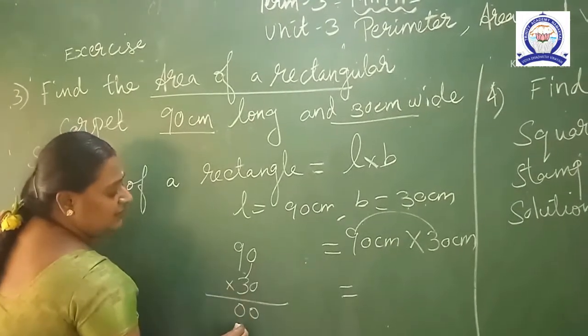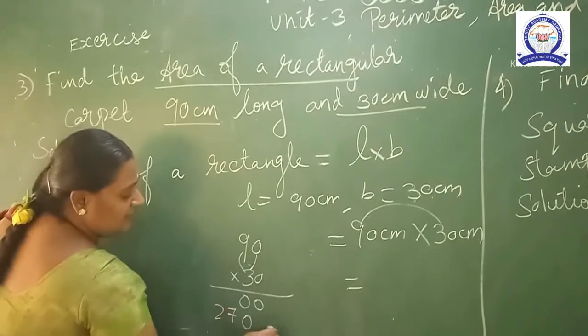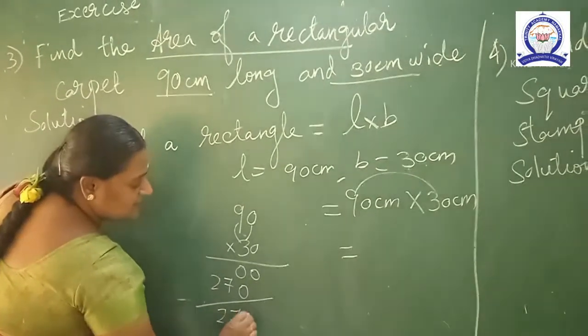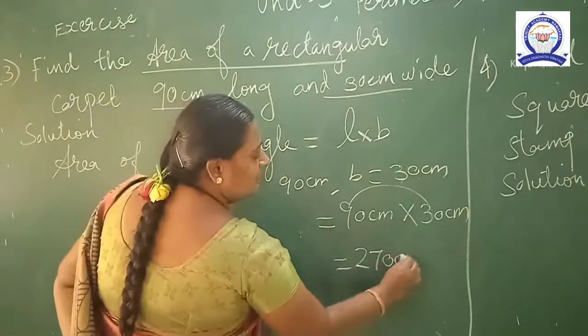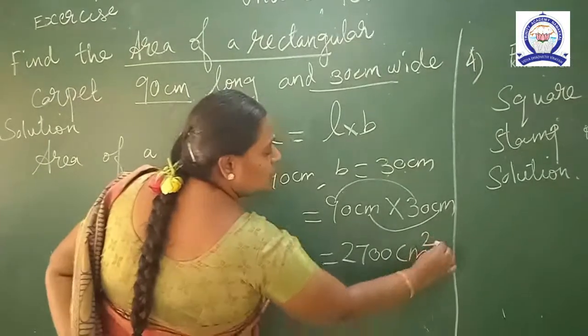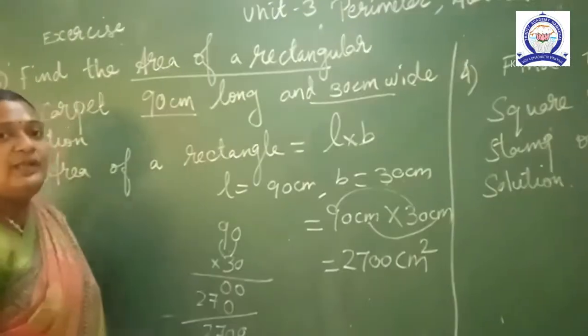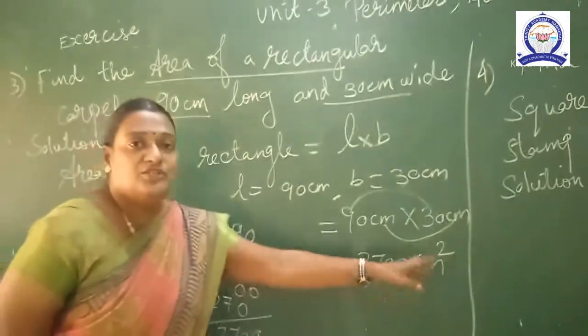Then you multiply by 3: 9 3s are 27. So 2700. Centimeter into centimeter, you will get centimeter the whole square.